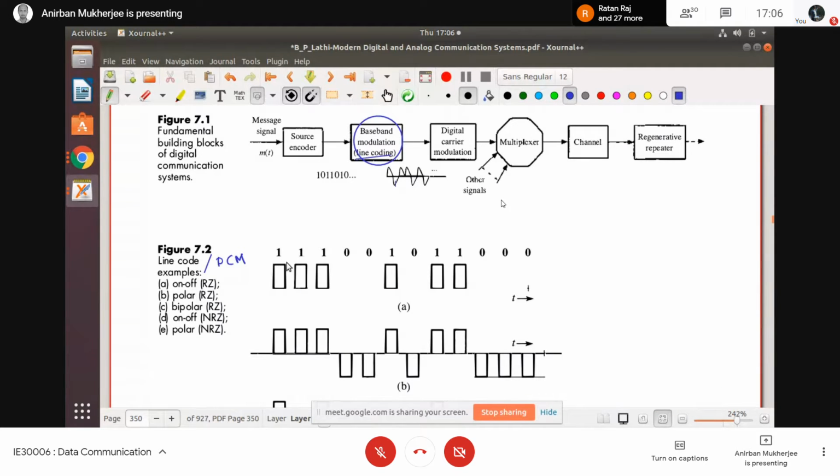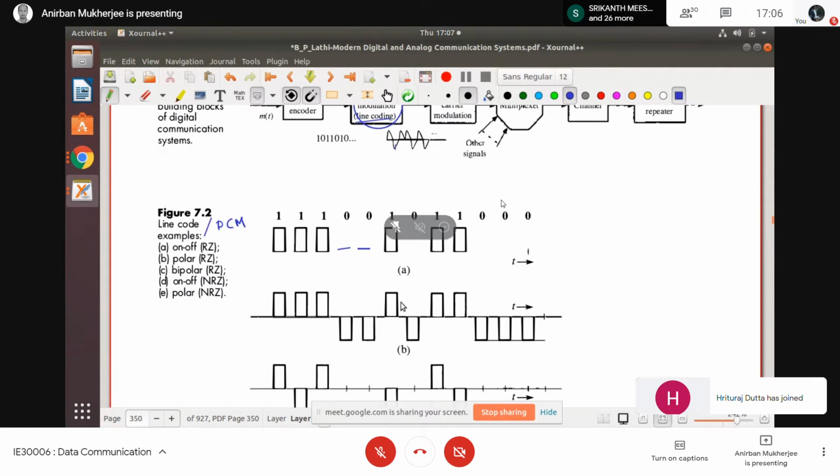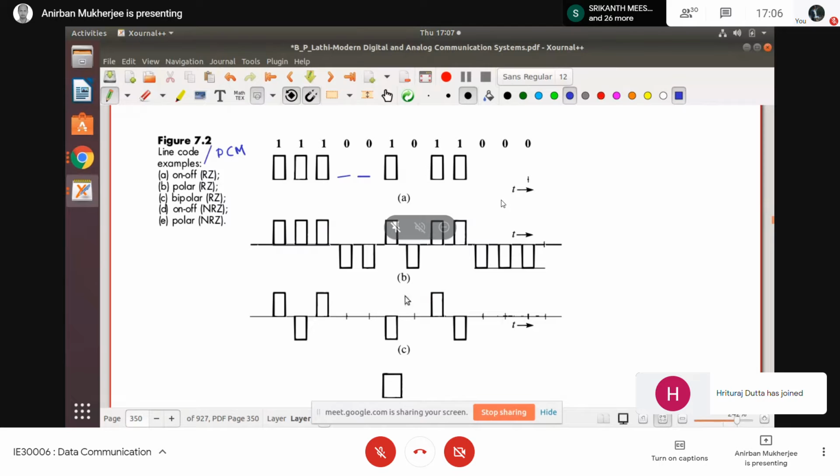You can remember that I have a bit sequence, where on means some 5 volt, something like that, and then 0 means something like this. Polar is something like that. Polar means bipolar, that means I have +1, and for 0 I have a -1 volt. There is also bipolar return to 0.